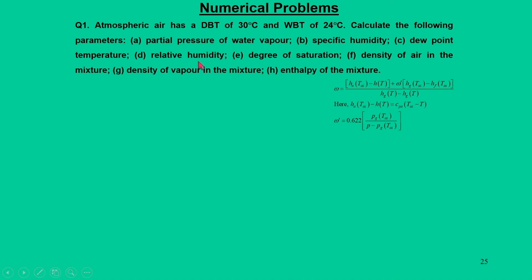In this case, to calculate this property we also require the expression which we derived for adiabatic saturation.